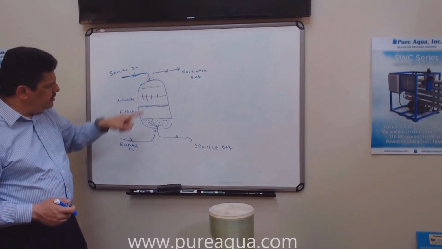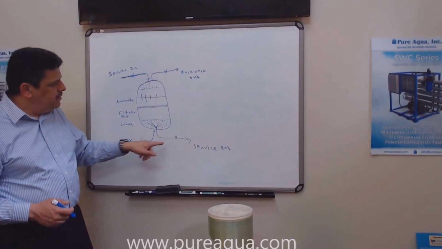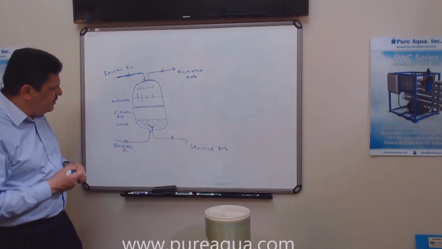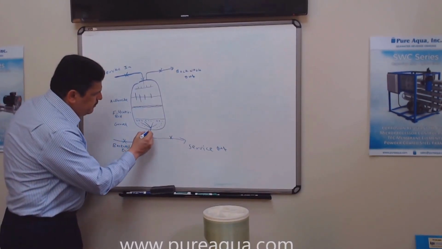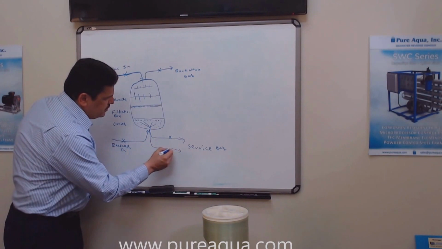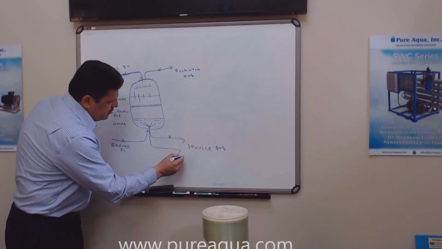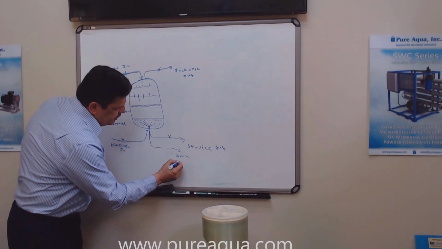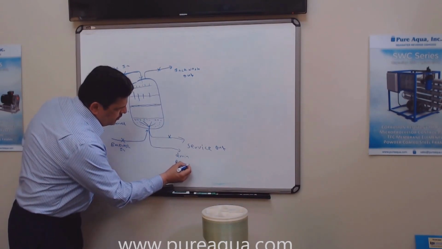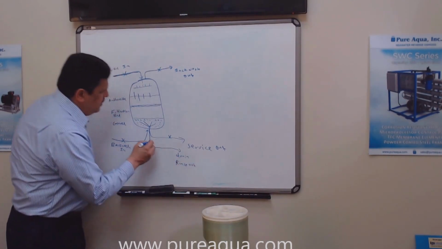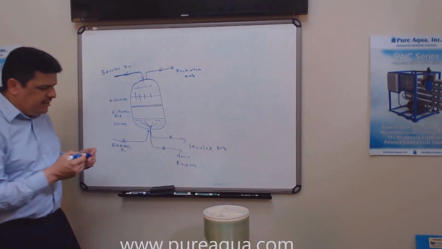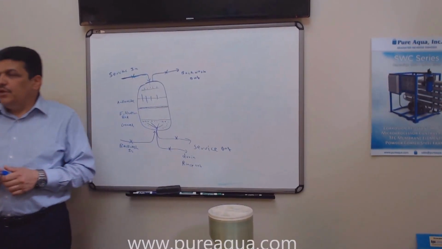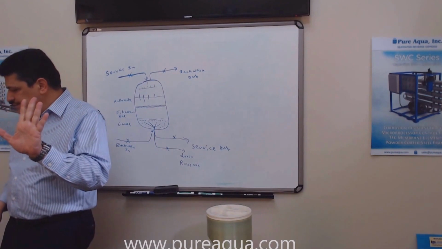This is going to be closed. This is going to be closed. This is going to be closed. Then we need another one from here that goes to the drain. And we call it rinse out. Yeah? So we're going to have a valve here. That's why in media filters, we have 5 valves.